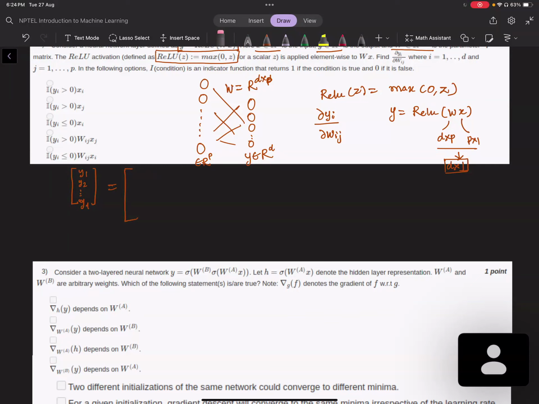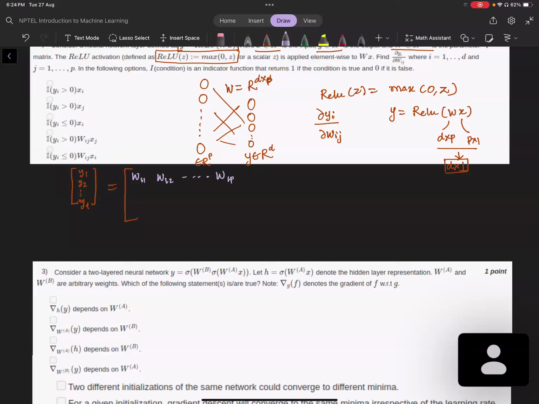I'm multiplying d cross p with p cross 1. So w will be w11, w12 up to w1p, since the number of columns is p.